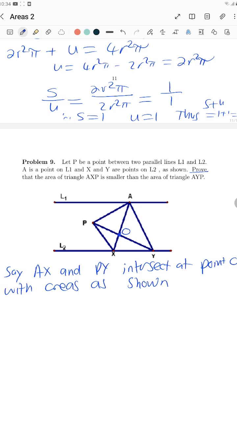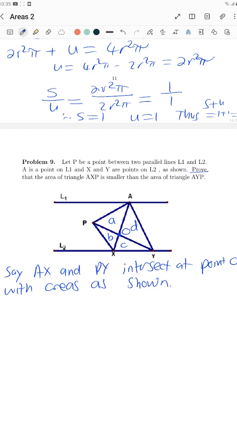So I'm going to say the area of triangle AOP is little a, the area of triangle POX is little b, the area of triangle XOY is little c, and the area of triangle AOY is d. So you can see this is an essay type question because you need to explain to yourself and the marker what you're doing, what the variables mean, and how you go about solving this question.